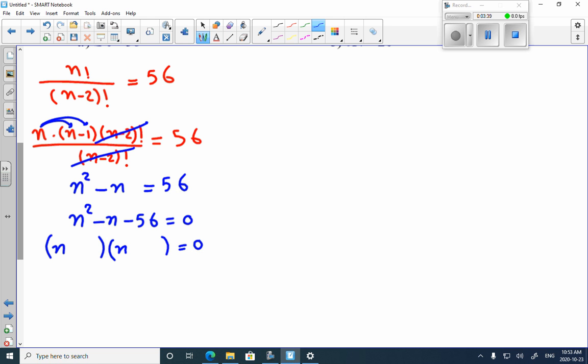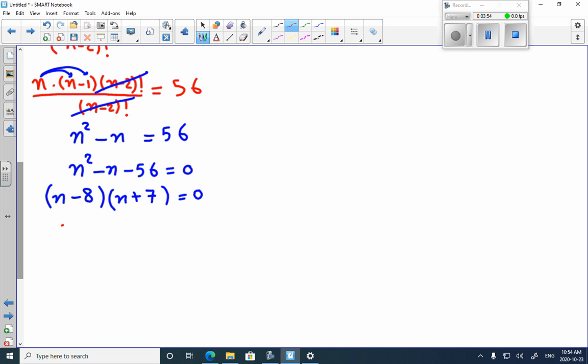So basically, the difference in the absolute value would be 1. I would say we have negative 8 and positive 7. Since the product of these two factors equals 0, any of them could be 0. So n minus 8 equals 0, n plus 7 equals 0, and when you isolate n, you get n equals 8, or n equals negative 7.